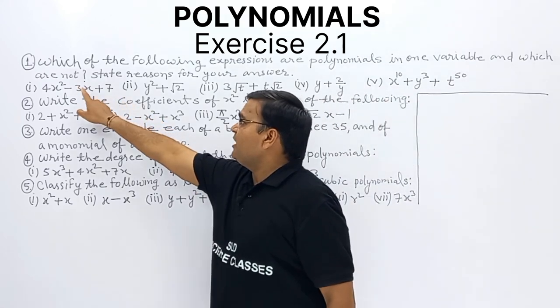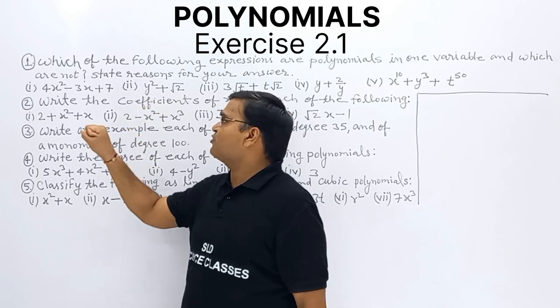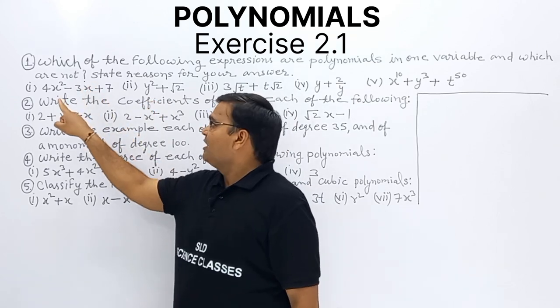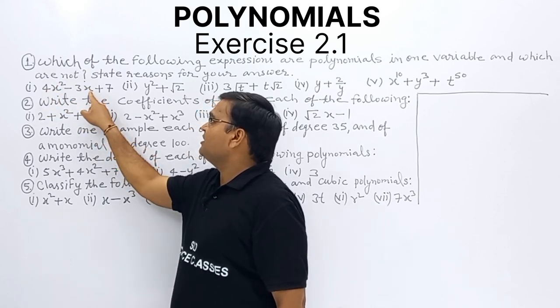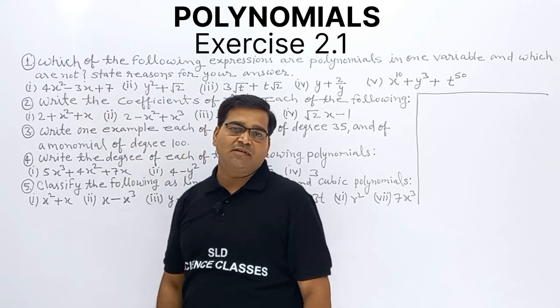In this expression, x is a variable, 4 is the coefficient of x square, minus 3 is the coefficient of x, and 7 is the constant term.